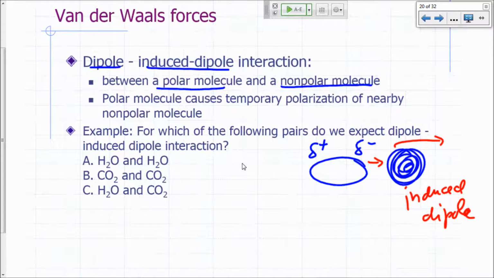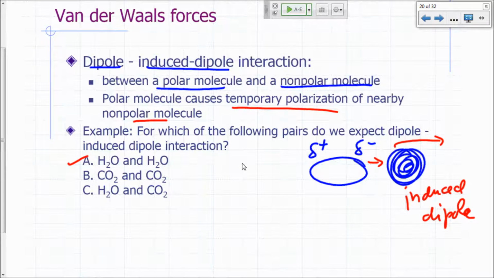So a polar molecule, when it comes near a nonpolar molecule, could cause polarization of the nearby nonpolar molecule, giving it an induced dipole. So that's another type of interaction that could lead to attractions between the two. Okay, so for which of these pairs would you expect dipole-induced dipole interaction?